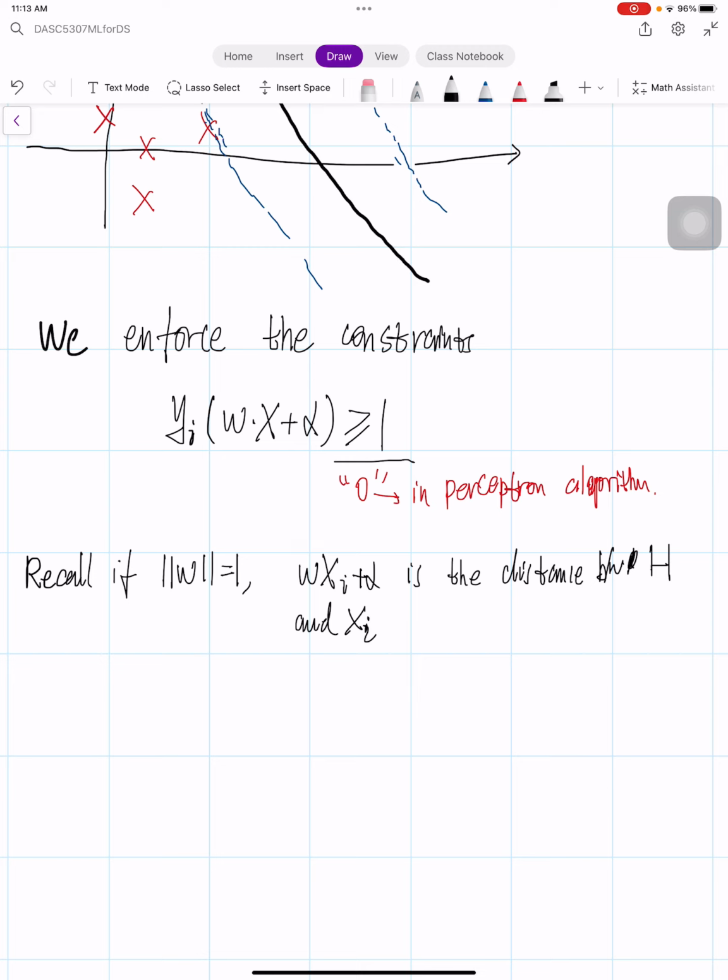And if this omega is not a unit vector, if its length does not equal 1, we can still standardize it. For example, we can apply omega over the length of omega times xi plus alpha over the length of omega. Okay, so this represents the distance between each data point and the decision boundary.